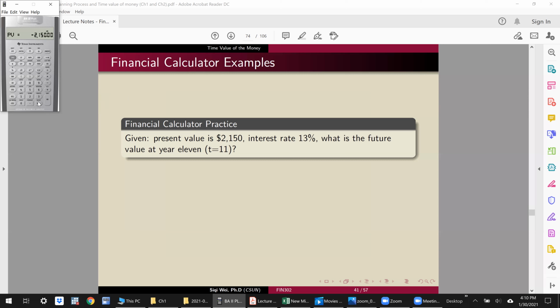Now, the third thing is the interest rate. Remember, in the setup of the financial calculator, the interest rate is already converted to the percentage scale, so you don't need to add a percentage sign. So 13, then you press the interest rate key, and the investment period is going to be 11 years.